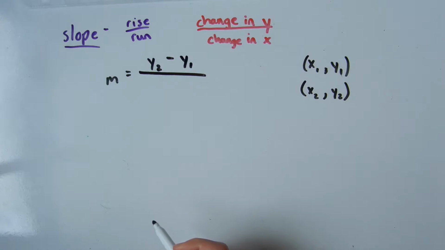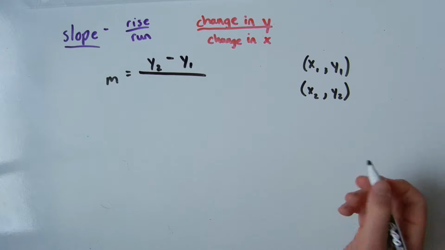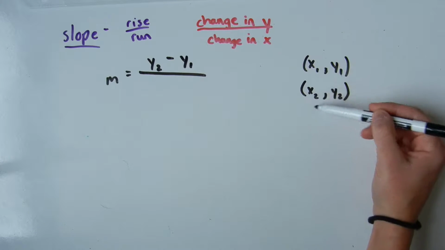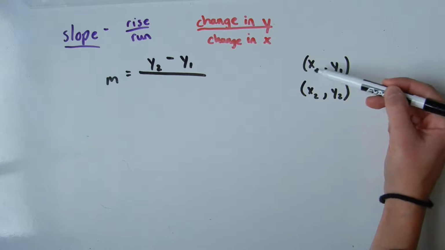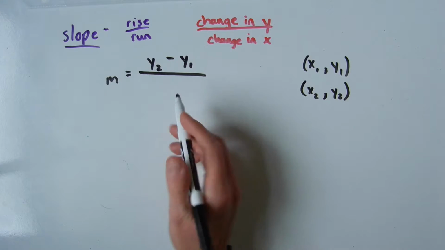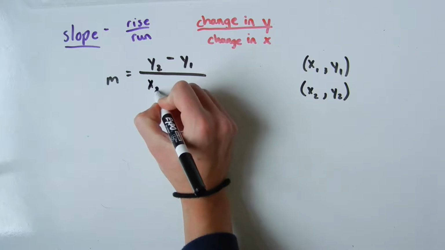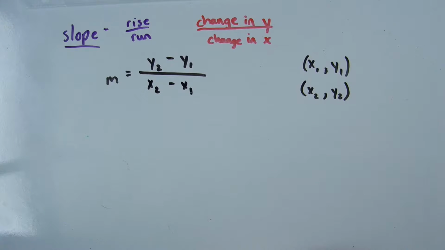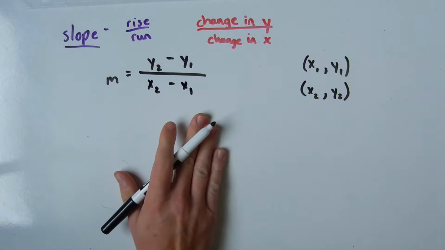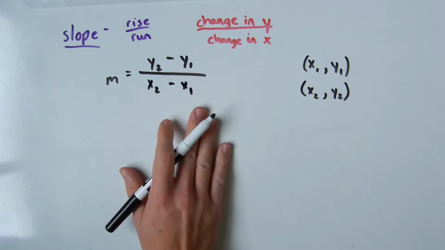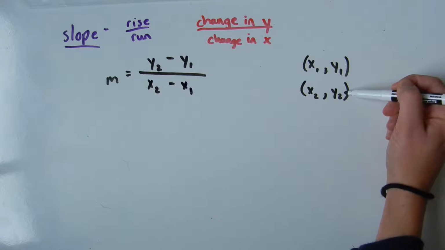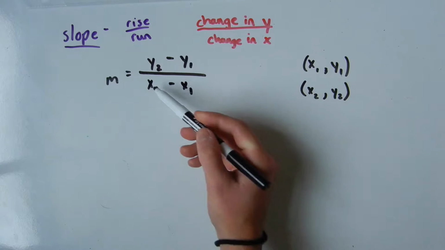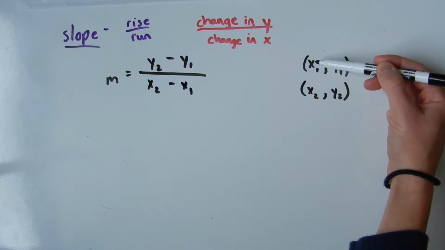The change in x, we're going to follow the same format. We're going to take one x-coordinate and subtract the other x-coordinate. So we're going to take x sub 2 and subtract x sub 1. The order you subtract the coordinates must be the same. So if you take y2 and subtract y1, you must take x2 and subtract x1.